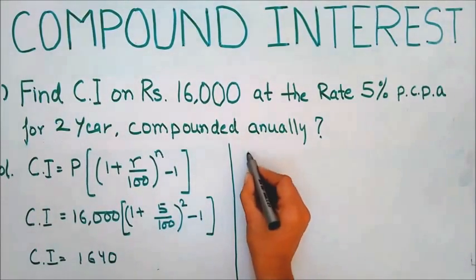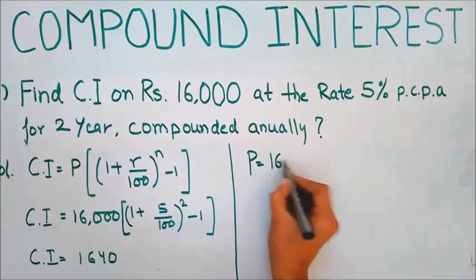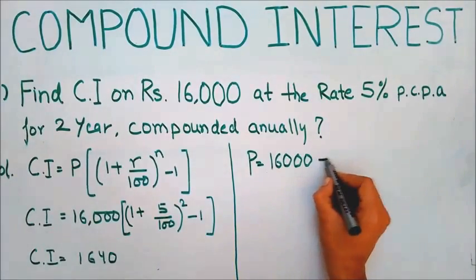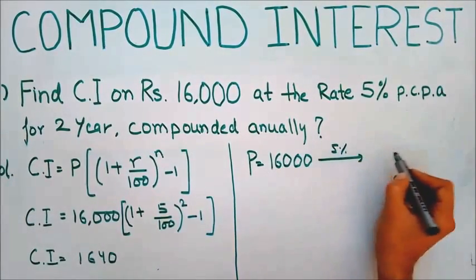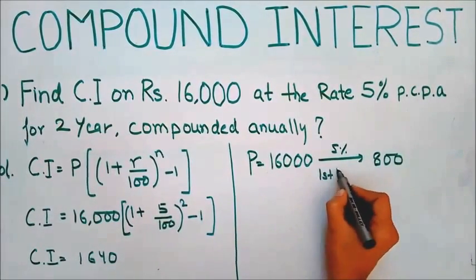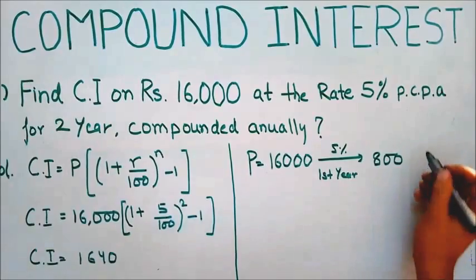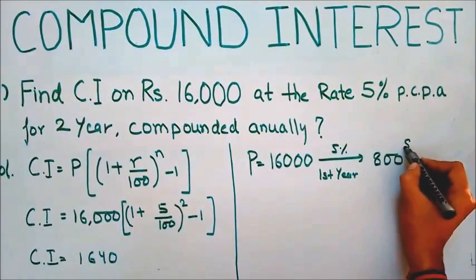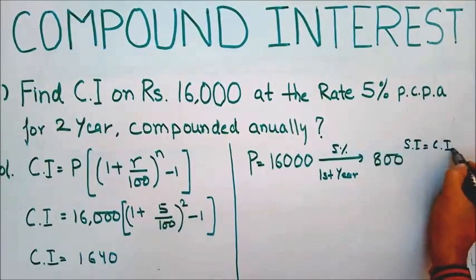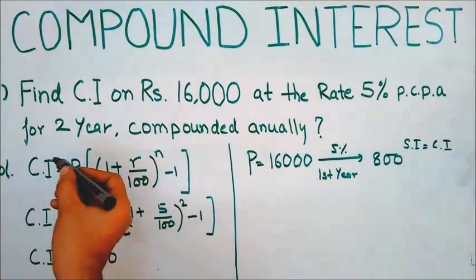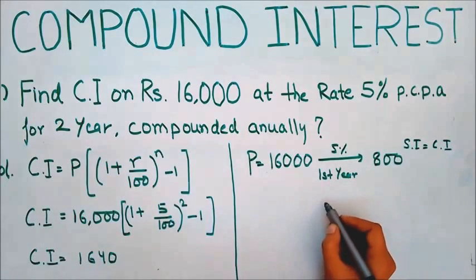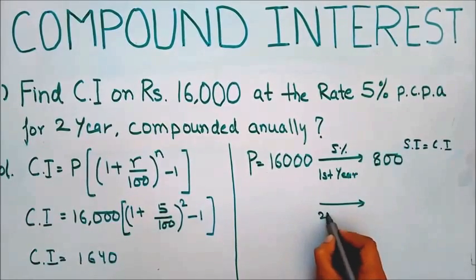Now we will solve this same question using a small short trick. We are given principal is equal to 16,000. Now calculate 5% of 16,000, that is 800 for the first year. Now remember that I told earlier that for the first year simple interest is equal to compound interest. Now solve for the second year.